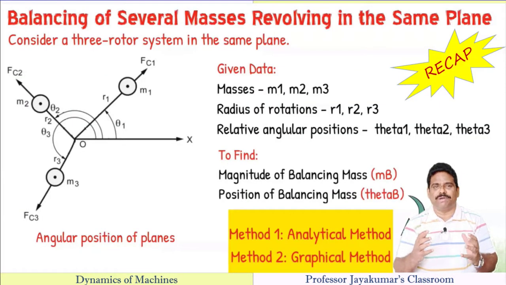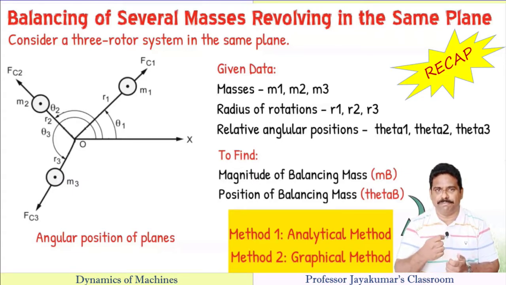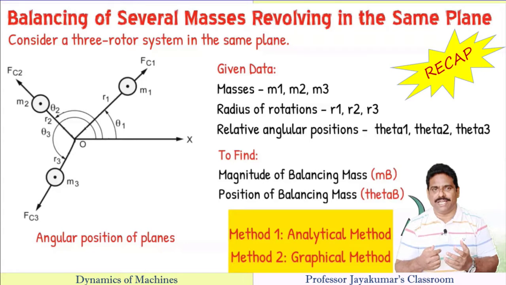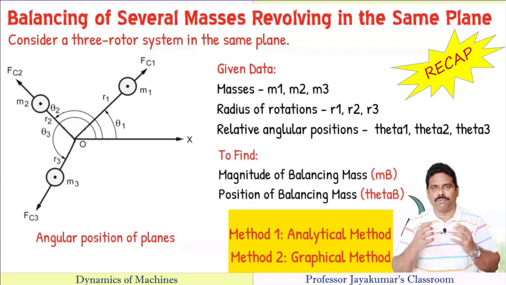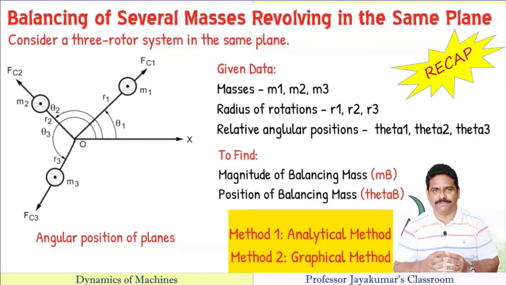So this is the given problem. Several masses rotating on the same plane will be given. Our aim is to determine the balancing mass value as well as the position of the balancing mass, mb and theta b. This problem can be attacked by two methods, namely analytical method and graphical method.